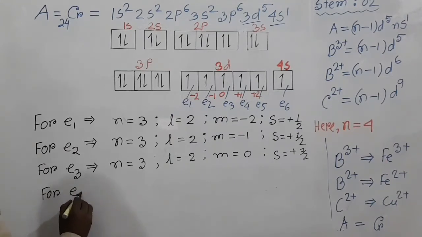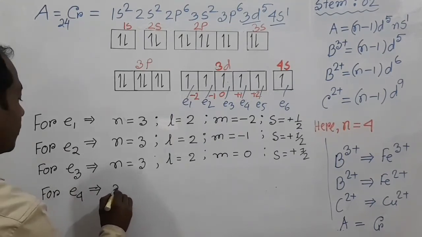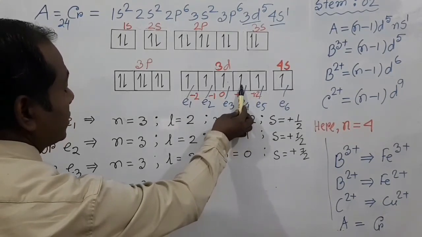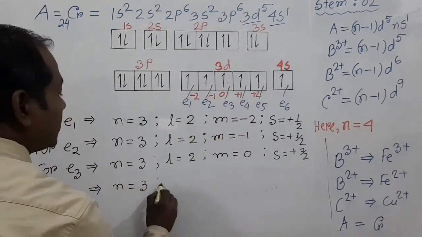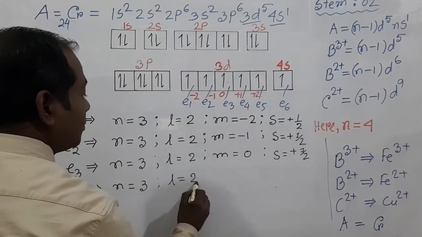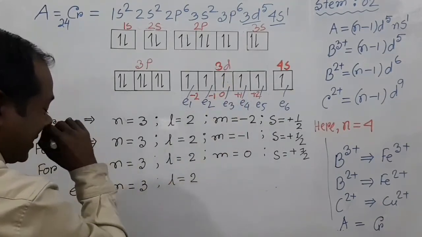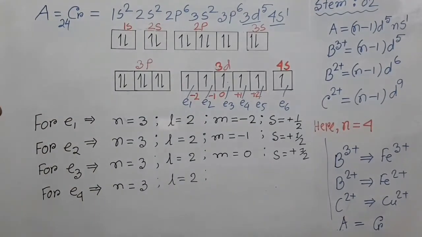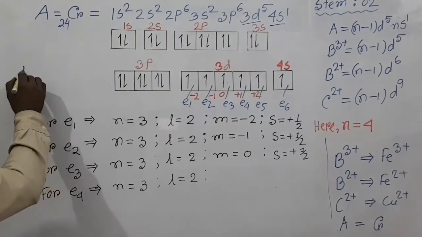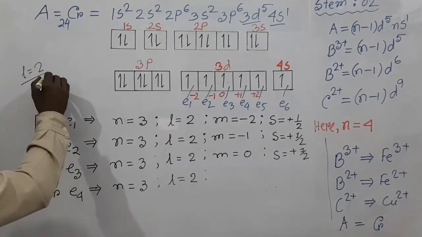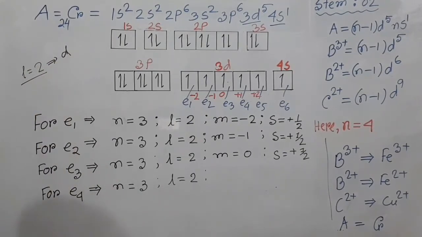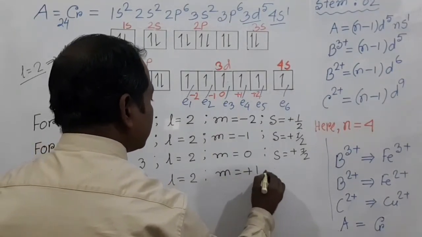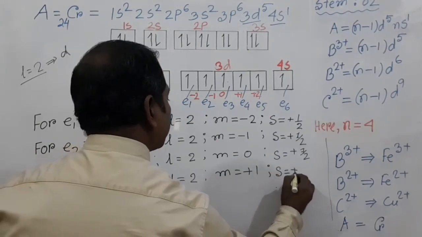For E4, n equal to 3, because this electron is also present in the 3d orbital, the value of l equal to 2, because here the orbital is d orbital, and we know that if l equal to 2, then we get d orbital, and the value of m for this electron is +1 and s equal to +1/2.